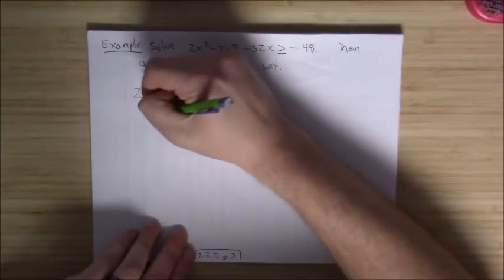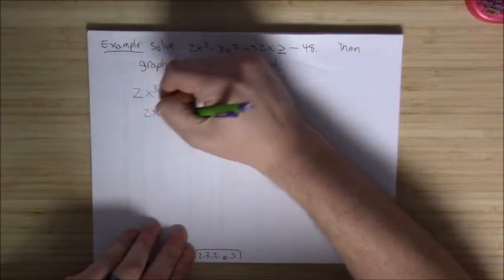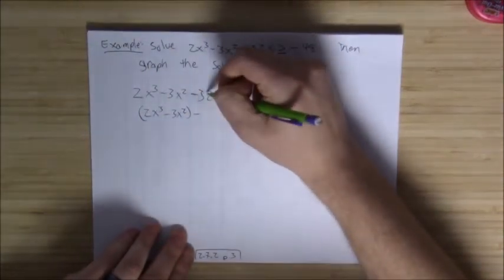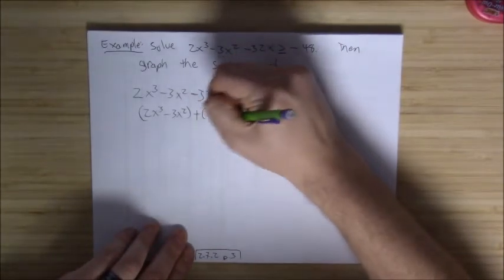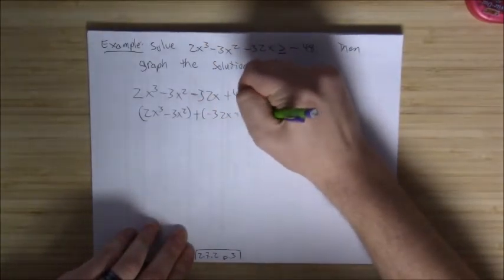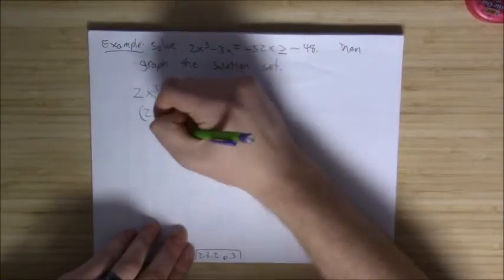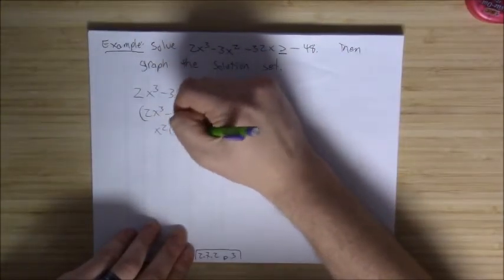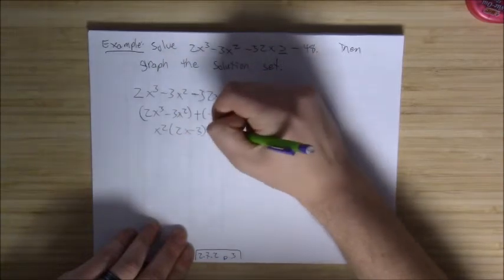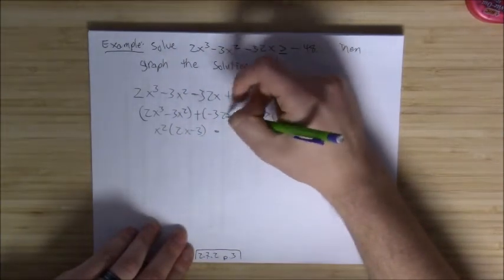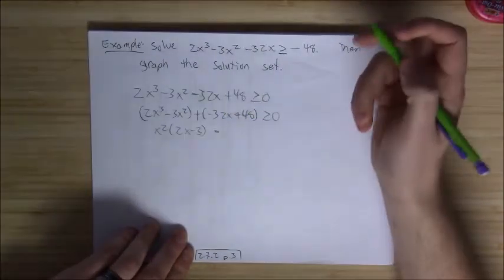So if we group, we have 2x cubed minus 3x squared plus negative 32x plus 48. Then we need to figure out common factors. Common factor here is x squared, 2x minus 3. Here we can factor out a negative 32. What factors out of 32 and 48? Oh, 16.